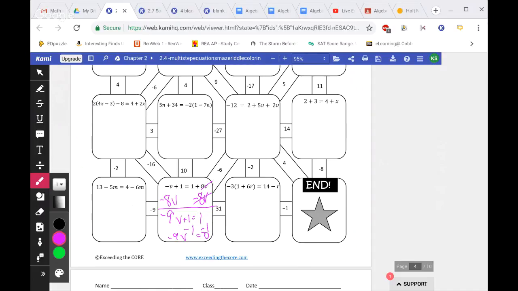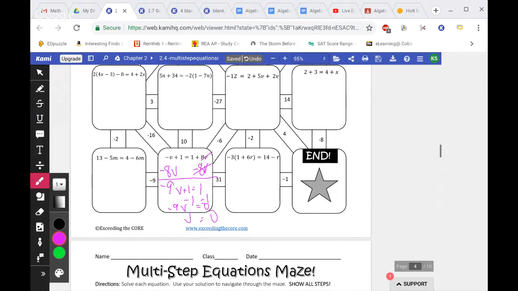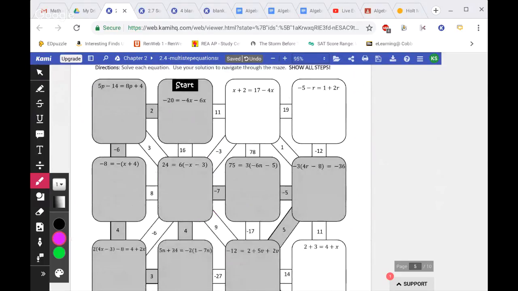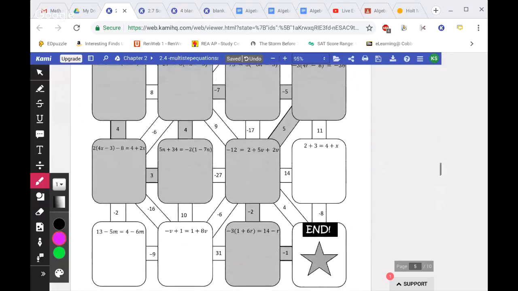But on this particular one, if you're working them all out, I'm really, really proud of you, and that's amazing. It's still going to end up being 0, and I don't know if you can see my writing on that very well, but there is no 0 that would take you anywhere but the correct part of the maze. That wouldn't have been one of the ones that you would have had to do.